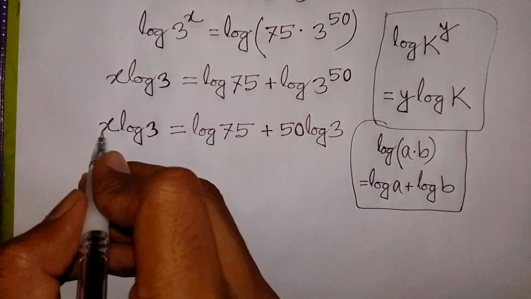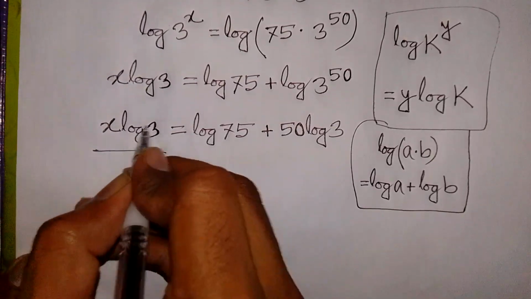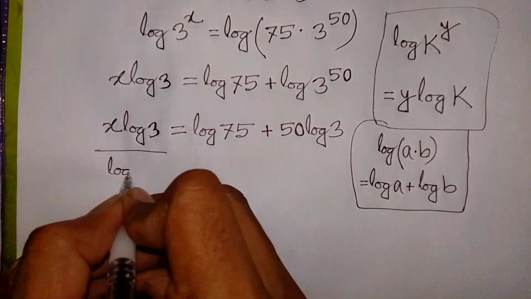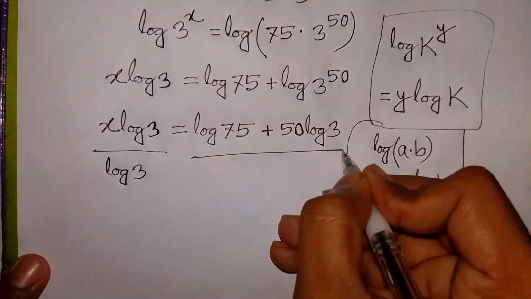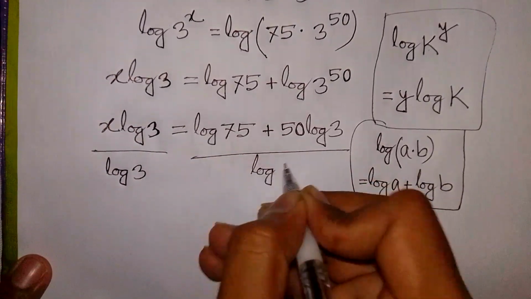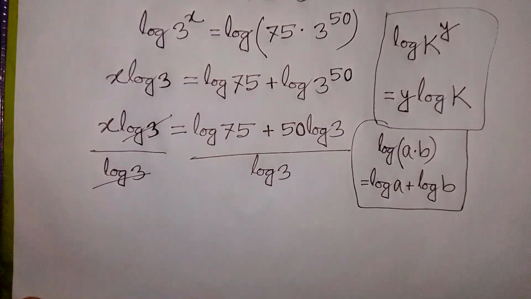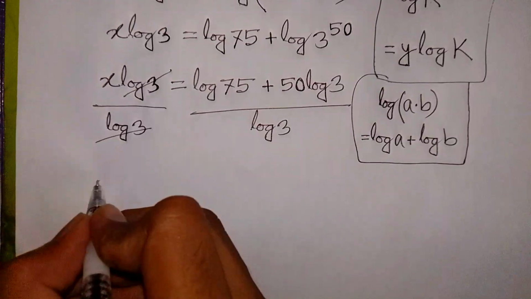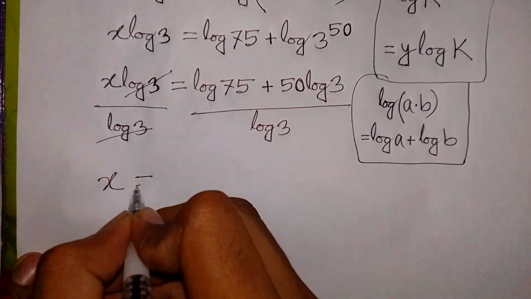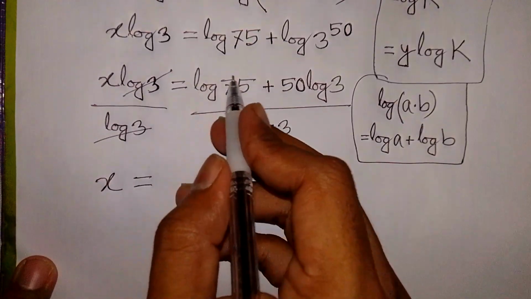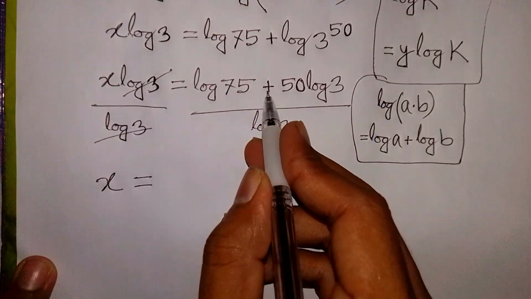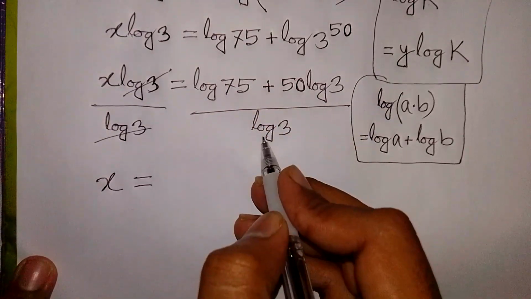Now we need the value of x, so we divide by log 3 on both sides. We see this log 3 will be cancelled. So here x will be equal to this part over log 3 plus this part over log 3.